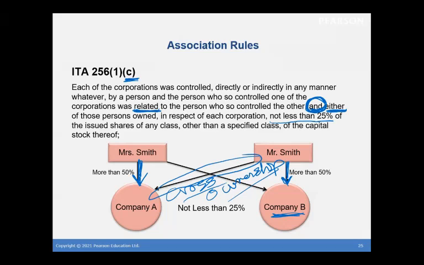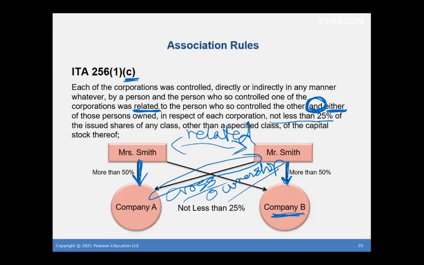All you have to worry about here is that you have one person controlling one company and another person controlling the other, and these two people are related. That's step one. But we also need step two. One of those people, or both, but at least one, has a cross ownership in one of those other companies.